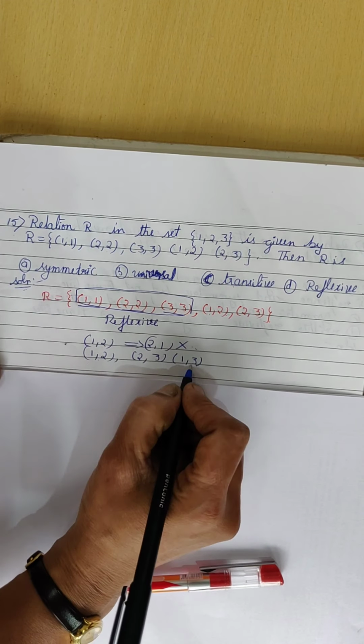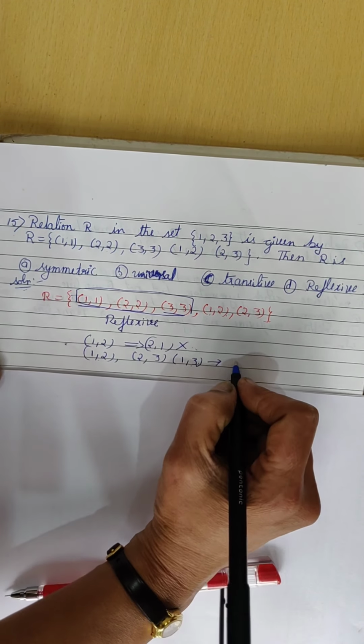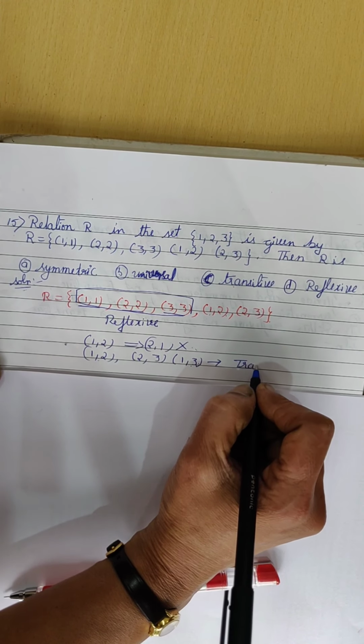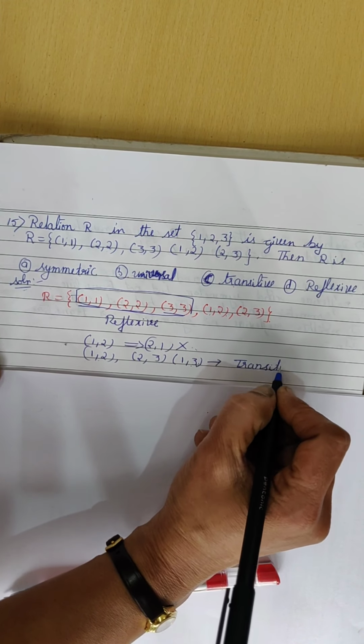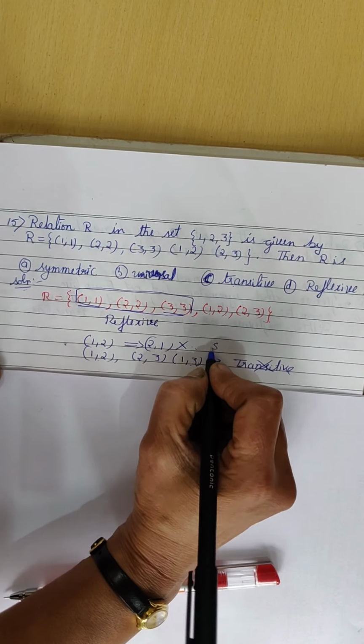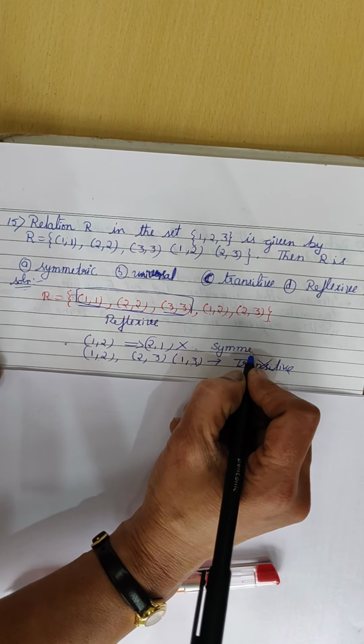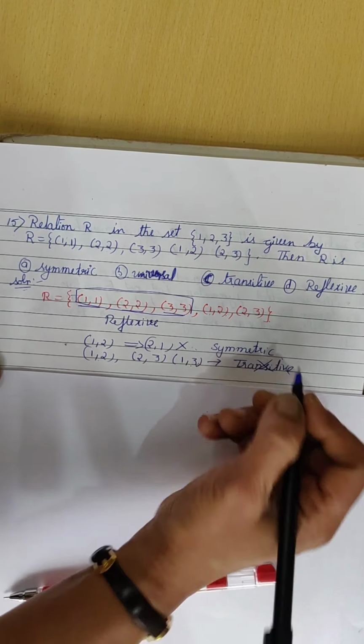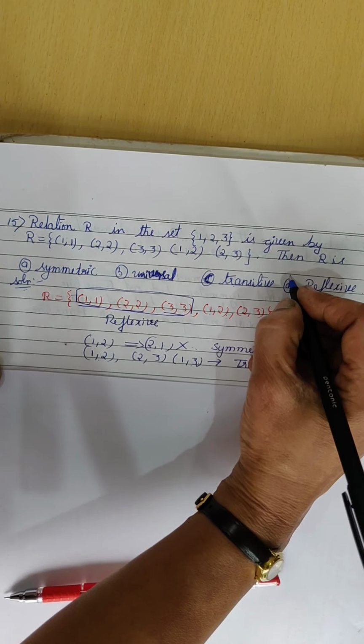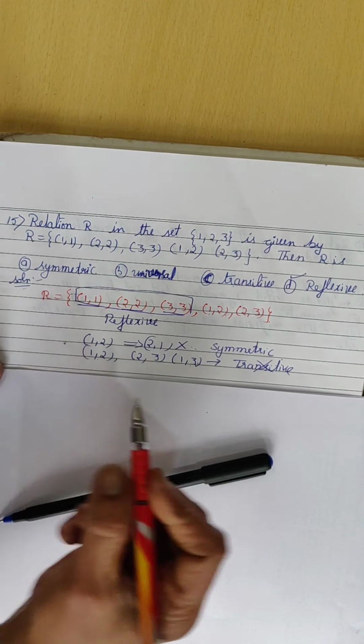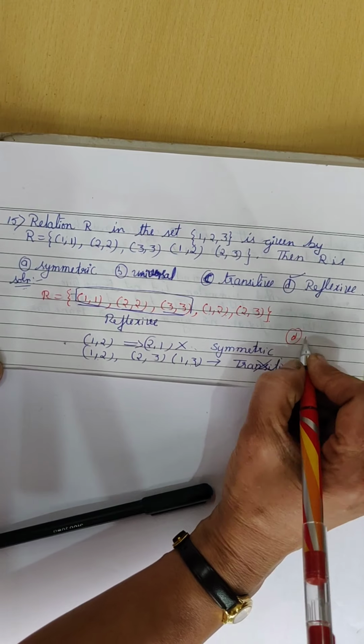So we don't have even this relation. So not transitive. Even not symmetric. Therefore, the option left is reflexive. Our answer is option D, reflexive.